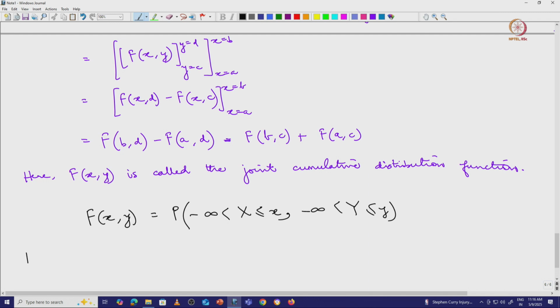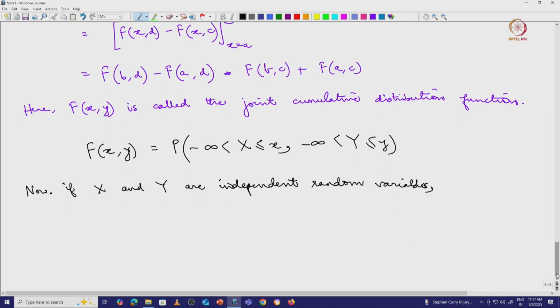Now, if your X and Y are independent random variables, just like you can multiply the probabilities of independent events, you can multiply the probability density functions of independent random variables to get the joint probability density function.